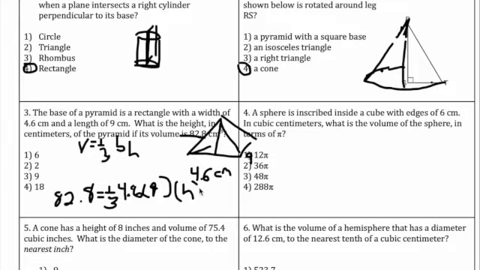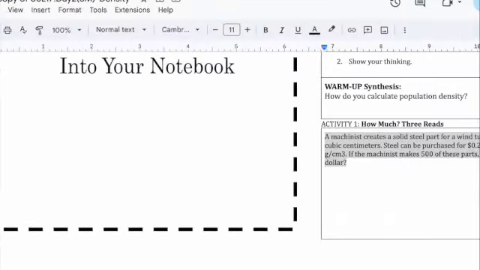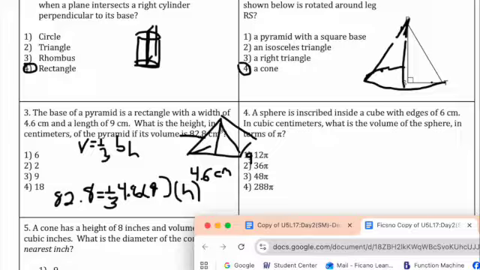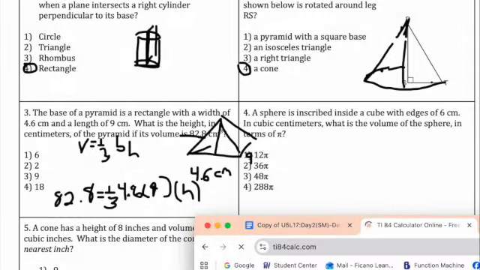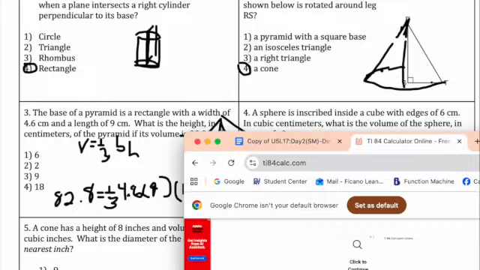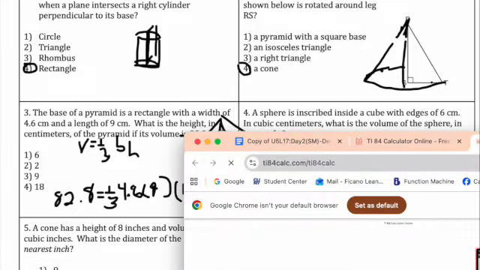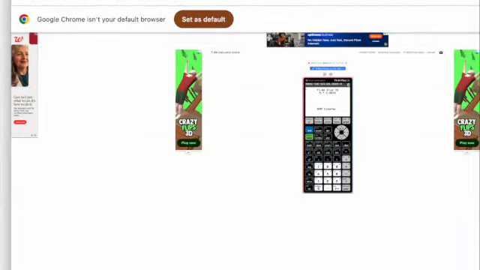So, okay, let me pull out, which I should have taken out already, TI-84. Okay, so that way you can see what I'm doing on the calculator.